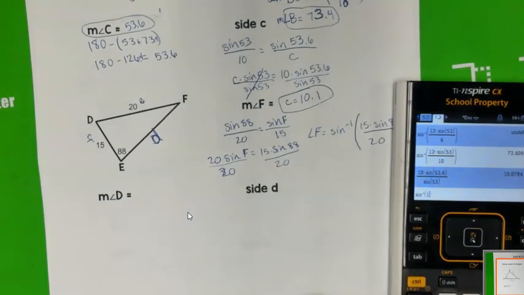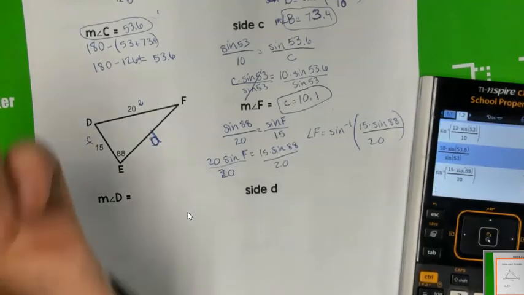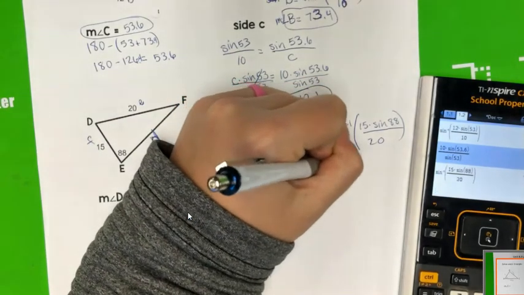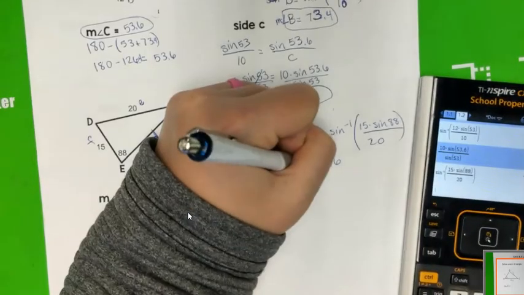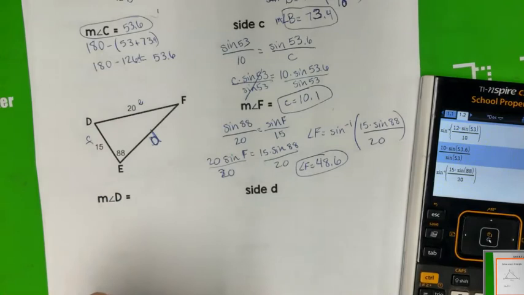Sine inverse of 15 times sine of 88, close parentheses, divided by 20, is 48.6, and that's what the angle F equals.